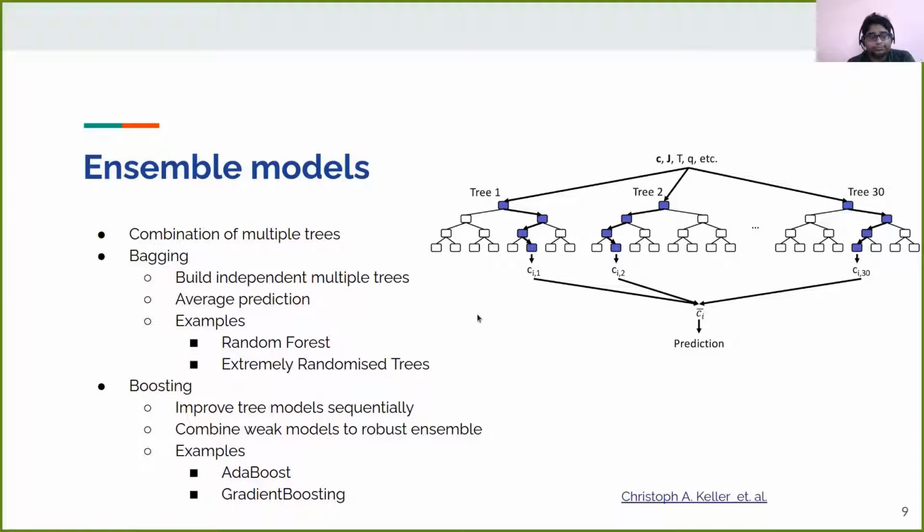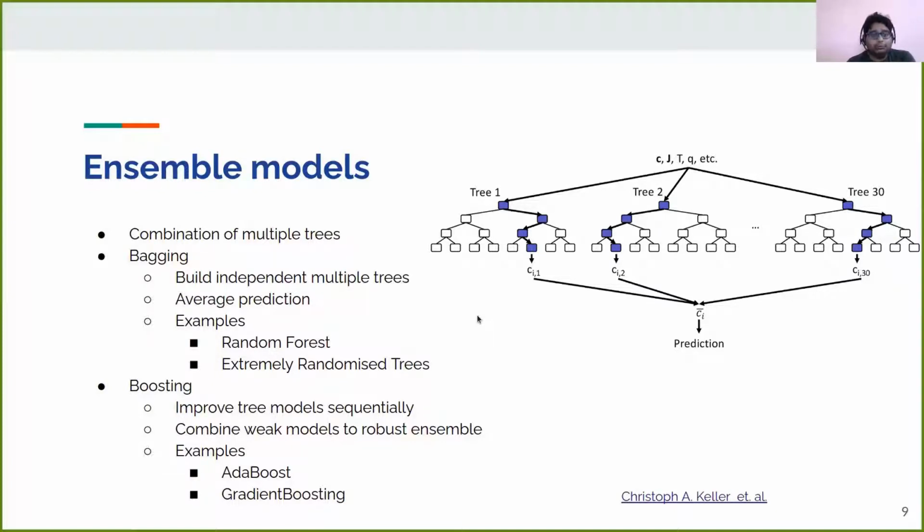In the bagging approach, independent trees are built using the same data, and then the average prediction is taken from all of these decision trees, which learn on the data in an independent way. Examples of bagging are random forest, bagging regressor, and extremely randomized trees regressor.